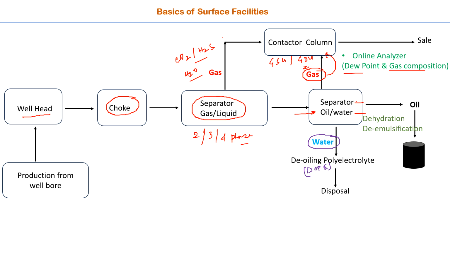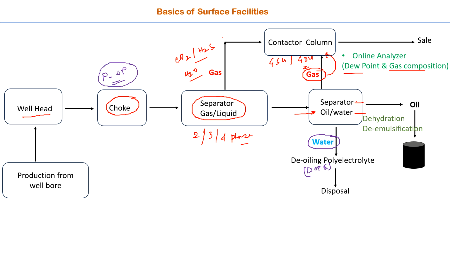Now another thing we have to remember: once the production comes from the wellbore to the wellhead to the choke, every time some amount of pressure is lost, delta P amount of pressure is lost.